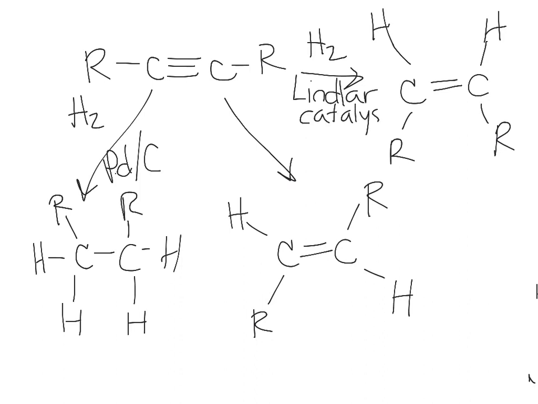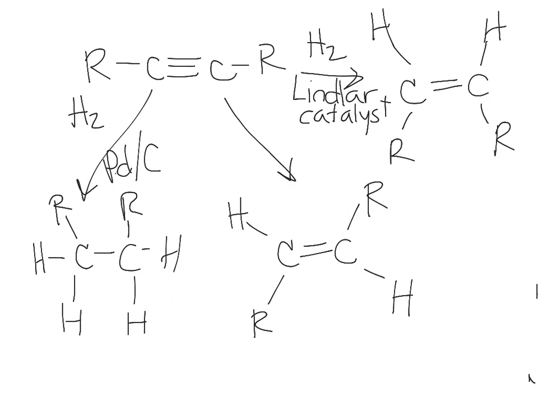It's basically a dirty version of the palladium on carbon catalyst, and so it doesn't have as many reactive sites, it's not as active, and so you can end up with an alkene instead of an alkane. You'll only go part of the way, but you'll end up with a cis alkene.